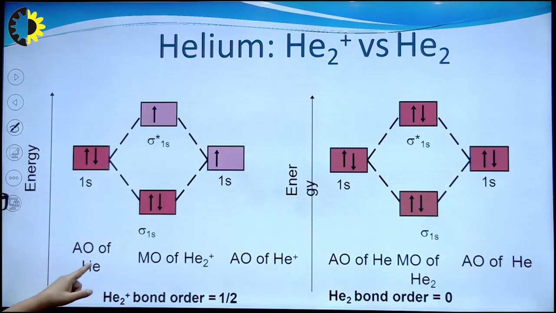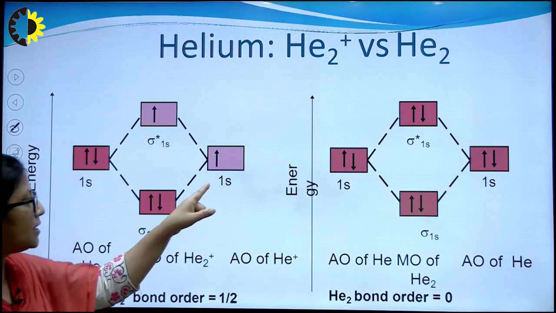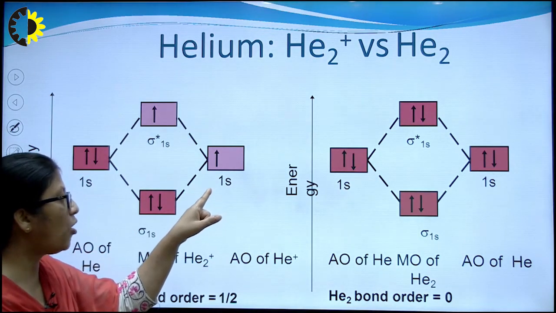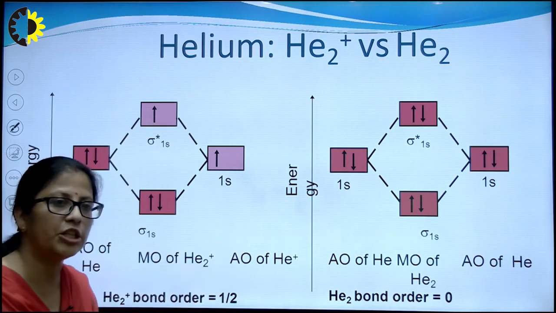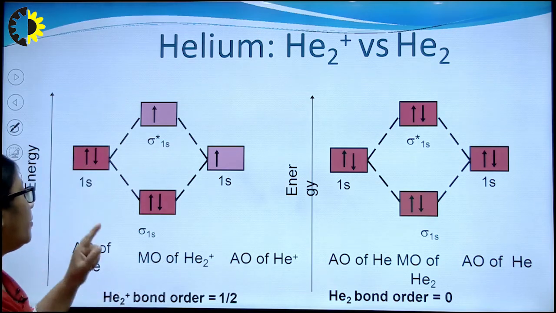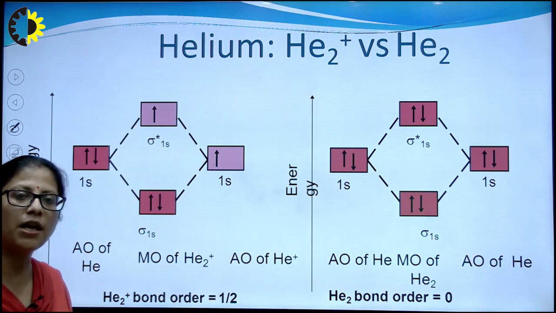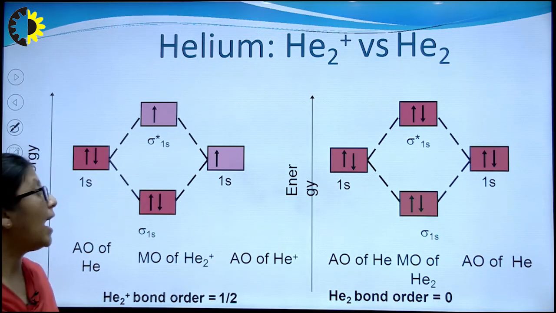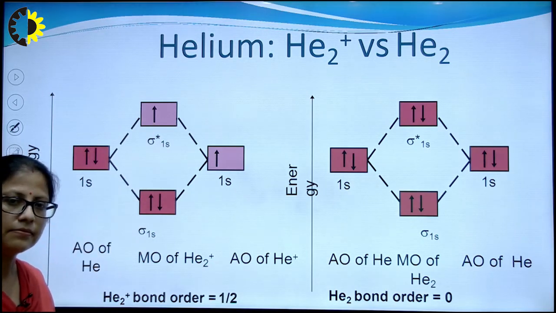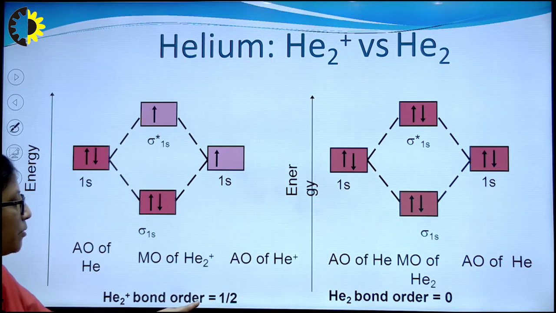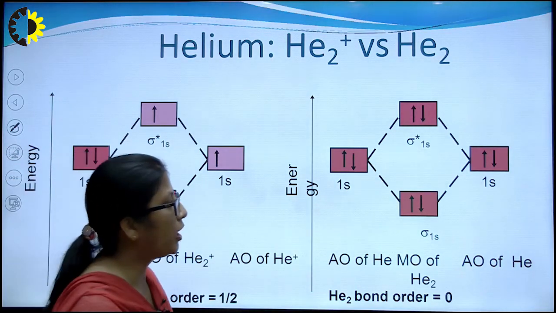Here, the atomic orbital of the helium atom 1s has 2 electrons, but in this case the 1s orbital of helium has only 1 electron, that is, it is the atomic orbital of He plus. Now, again the 2 electrons enter into the bonding molecular orbital, which results in the formation of sigma 1s, and the remaining 1 electron enters into the sigma star 1s, and the bond order again is calculated to be half.